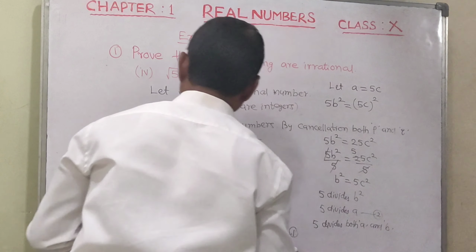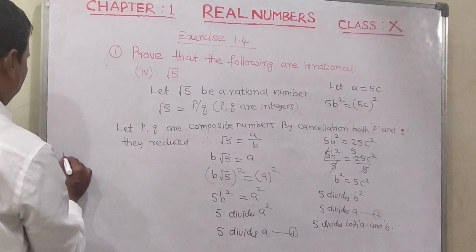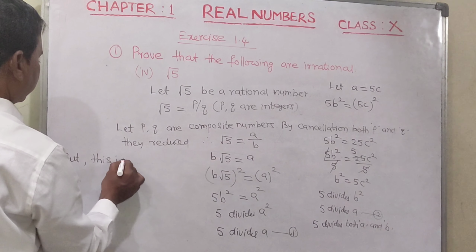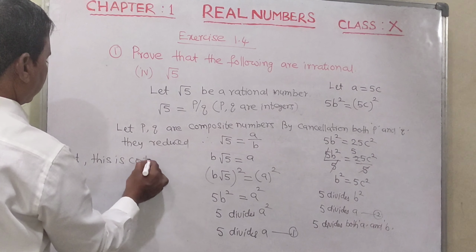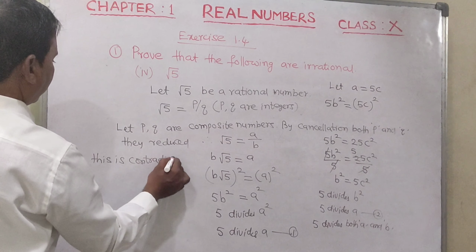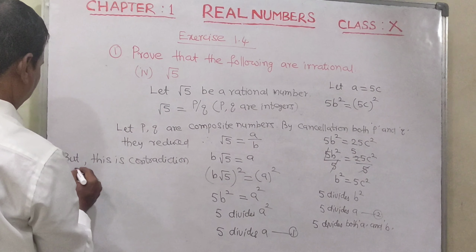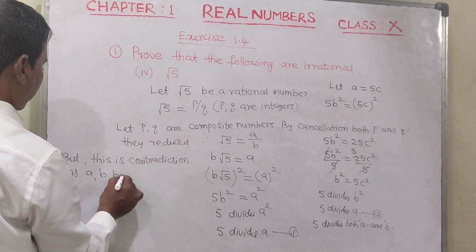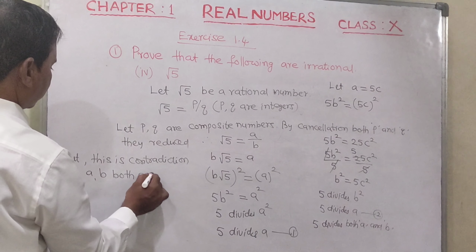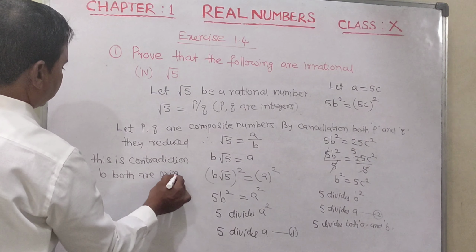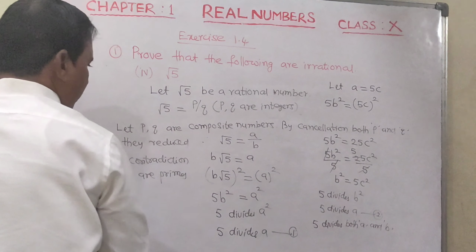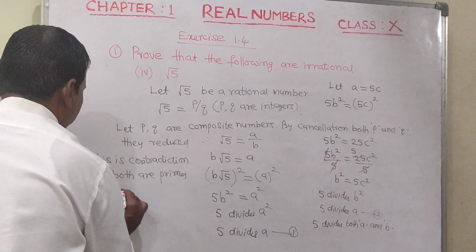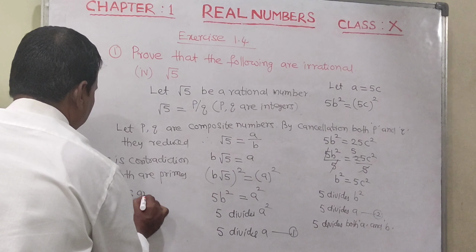But this is a contradiction, as a and b have no common factor. Therefore, what can we say? Root 5 is an irrational number.